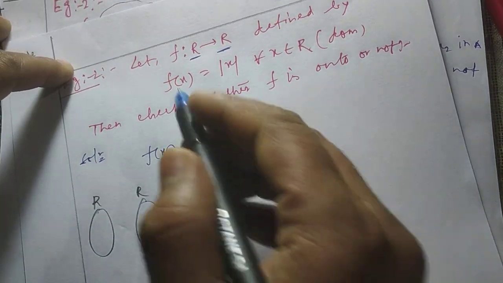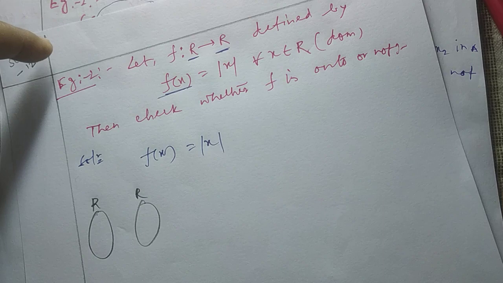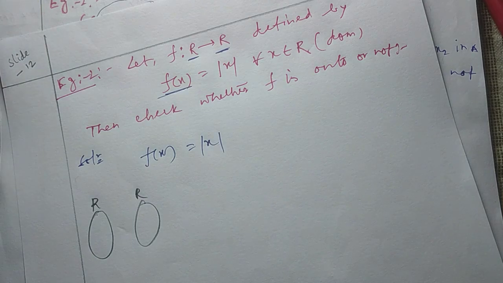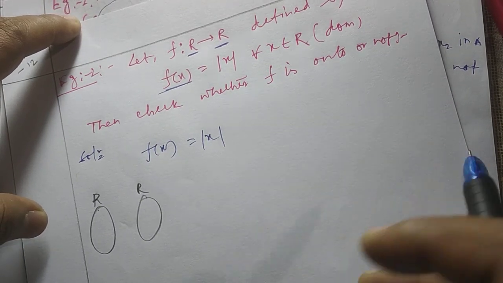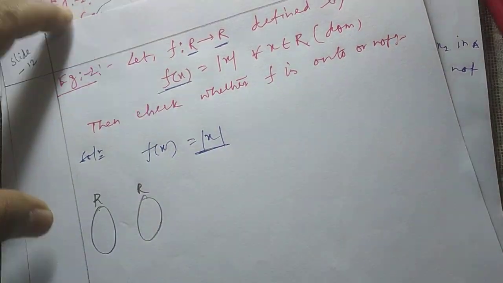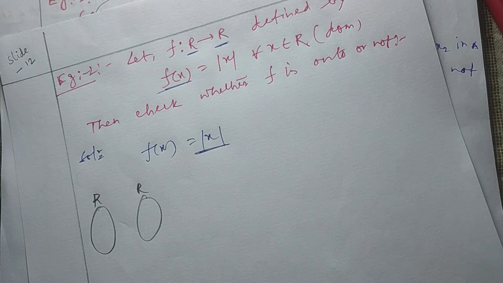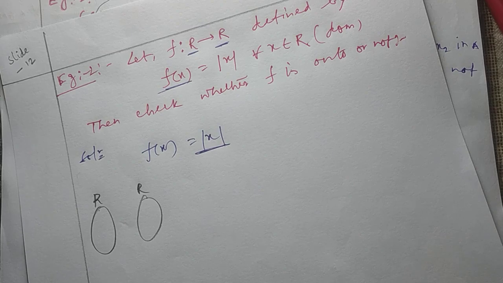Now we have to check whether it is surjective or not. That means we have to check here modulus x is surjective or not. Now first understand what is the meaning of modulus x. And we know always modulus x gives positive real numbers, right? Always modulus will give positive values for any values of x that we learned in class 11 if you remember.